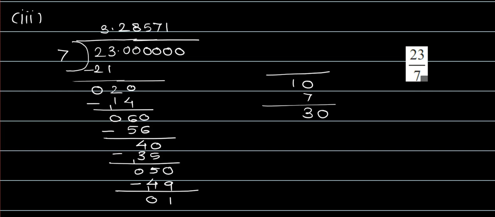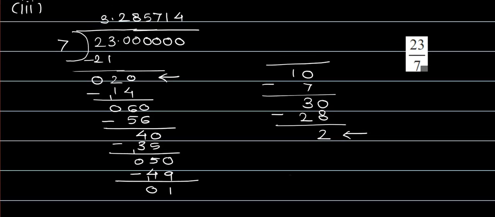Again the division of 4. Then the remainder is 2. And from this step, the repetition starts again. Therefore, we get the recurring type.